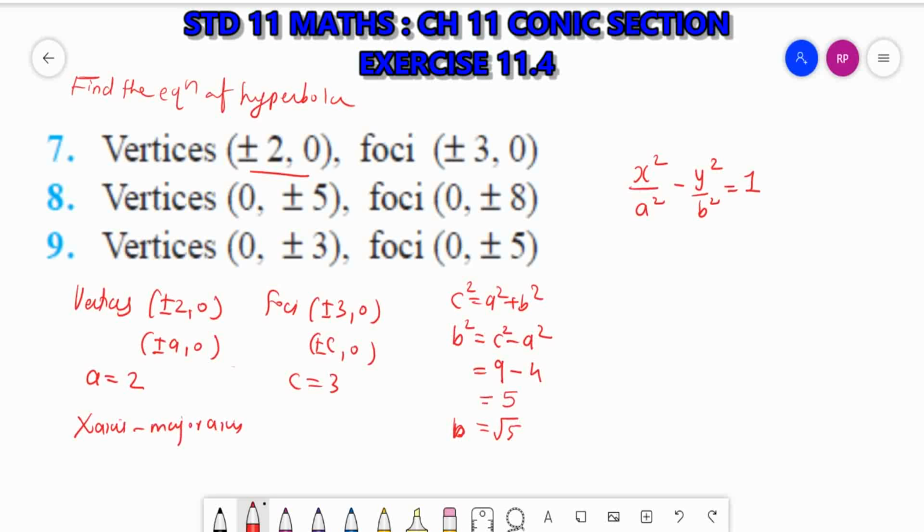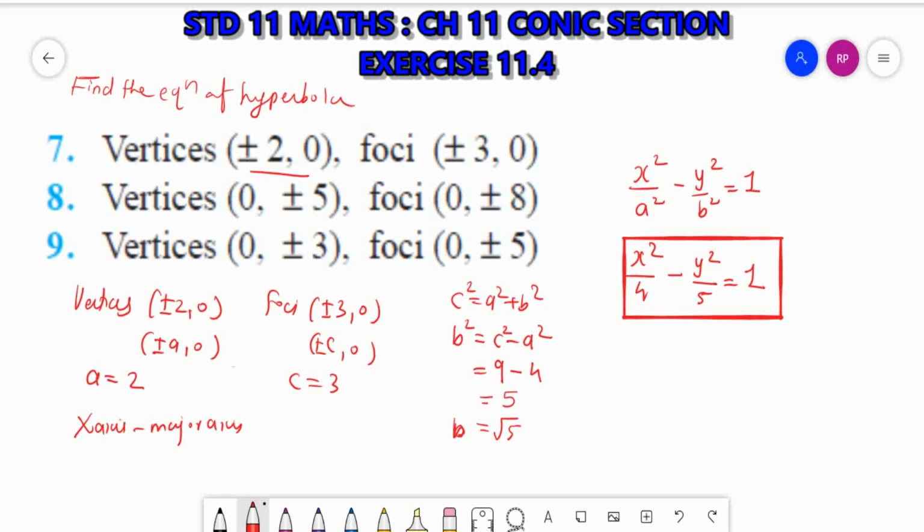So this will be equal to x square by a square, that is 2 square, 4, minus y square by b square, that is root 5 square, 5, equal to 1. This is the equation of hyperbola. Okay, so this was about question number 7.